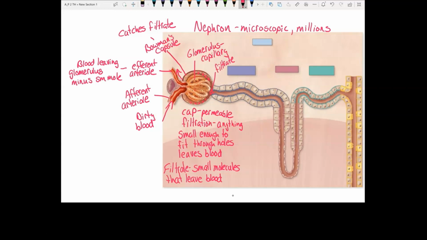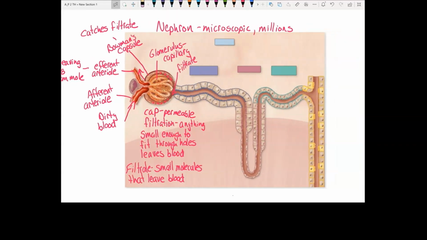So the efferent arteriole is the blood after it has gone through the glomerulus and you've taken the small molecules out. Okay, and then we have the proximal convoluted tubule.